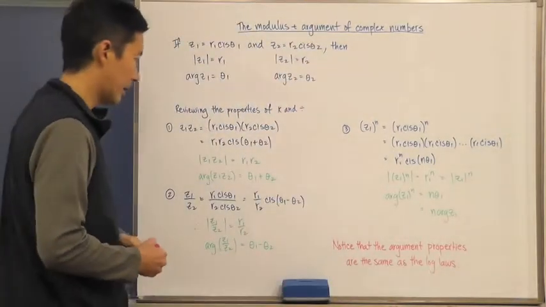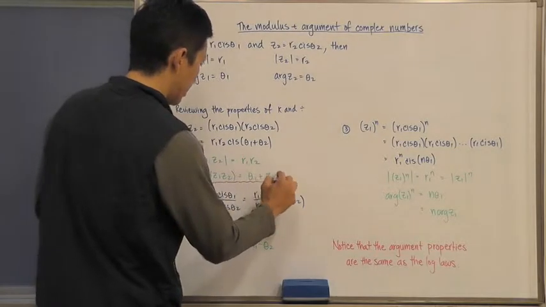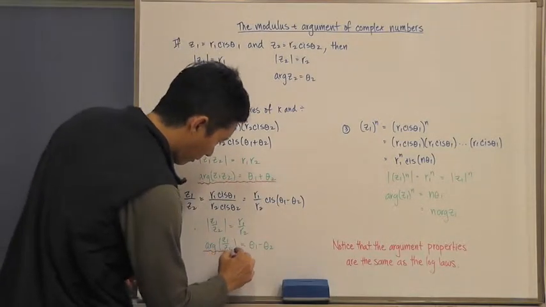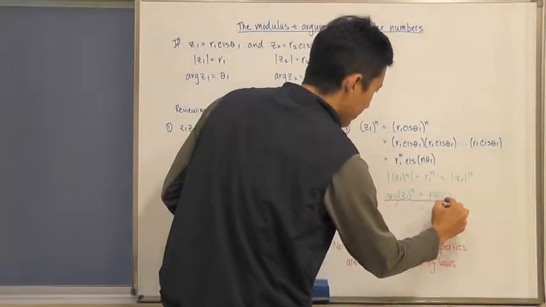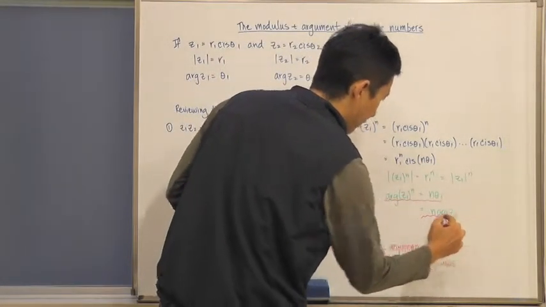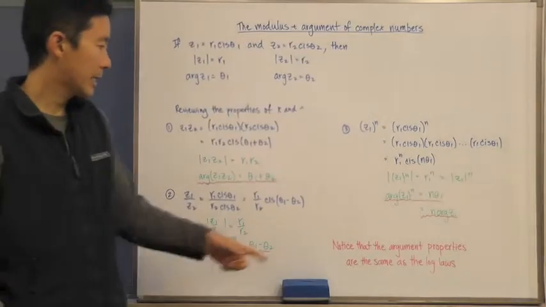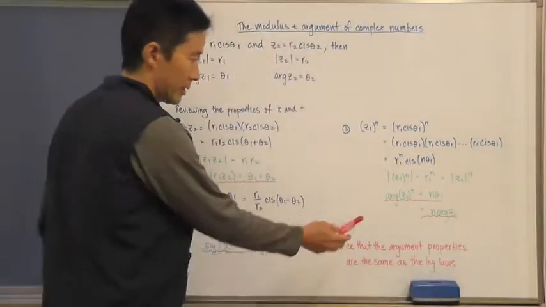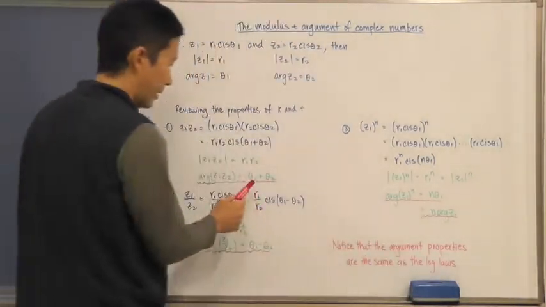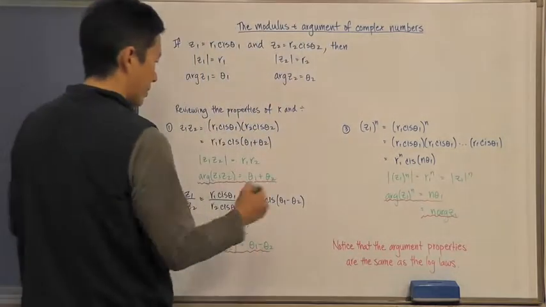So if we take a look at the argument properties in particular, which is this one, and this property, I'm hoping that you can see that these argument properties are the same as the logarithm laws. Now this one looks very similar to the logarithm law here. Let's get this one to look a little more similar as well.